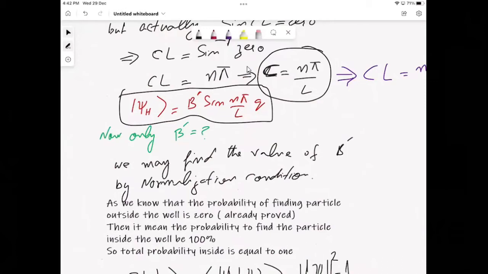Actually this is sine; this is psi h. So actually there is no 2. This is the value of the psi h state, the Hamiltonian eigenstate. We have put only the value of b prime.